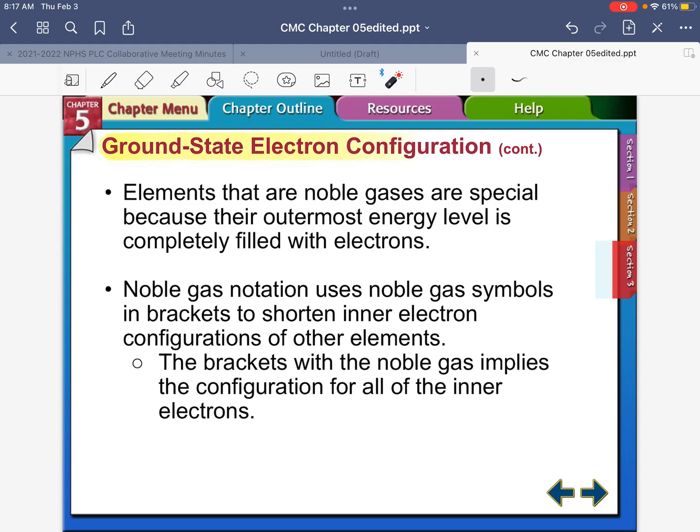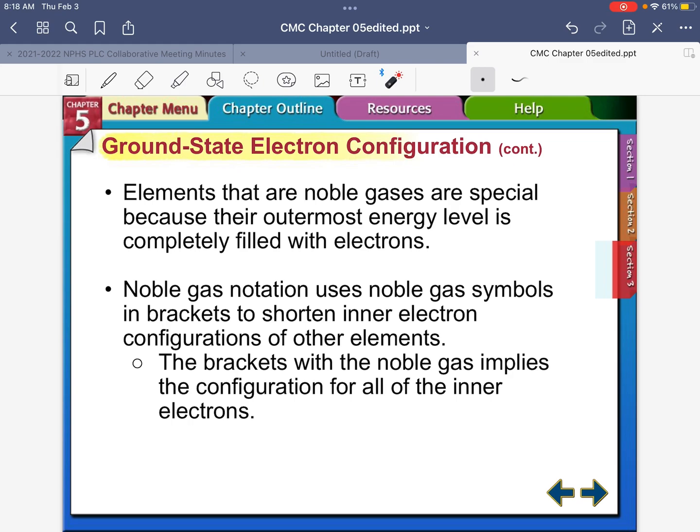And so because their outermost energy level is filled, we can use these noble gases as a way to abbreviate our electron configurations, and we call these noble gas notations. So what a noble gas notation is, if I was asking to do an electron configuration for a particular element, we would look at that element on the periodic table, and we would find the noble gas that comes before it.